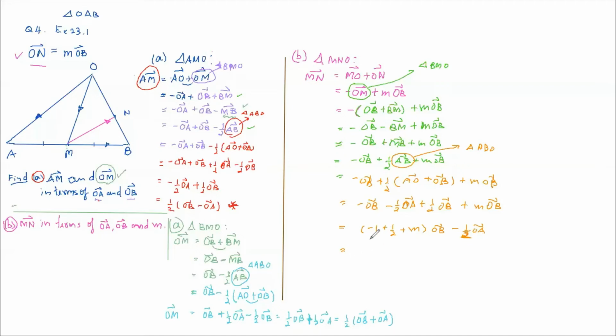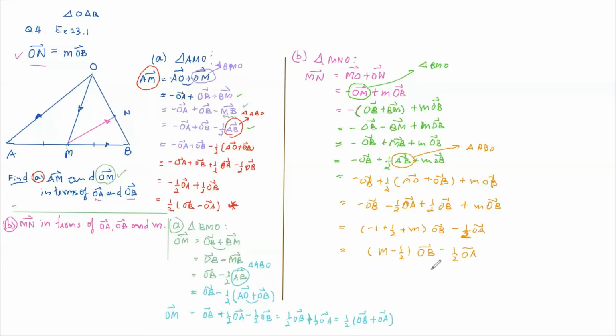Simplify, and I like m first: this becomes m minus 1/2 OB minus 1/2 OA. Can we do anything more?